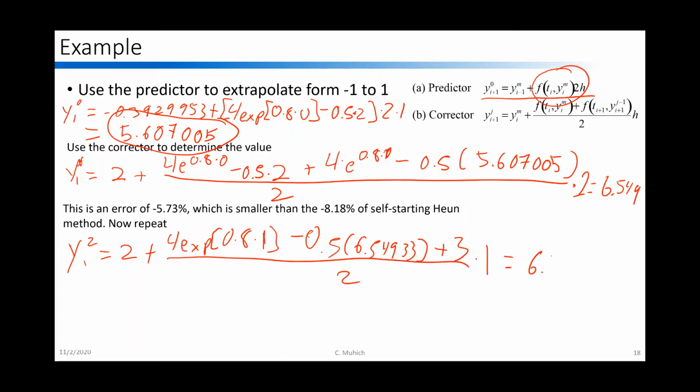This gives me 6.313749. So we can see that after we've done the predictor the first time, we just go back to our regular Heun model of prediction and correction.